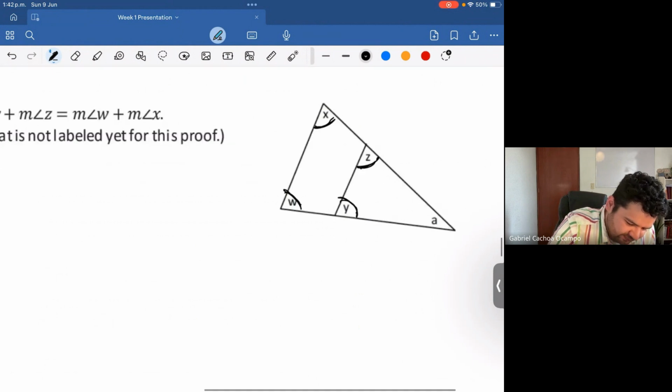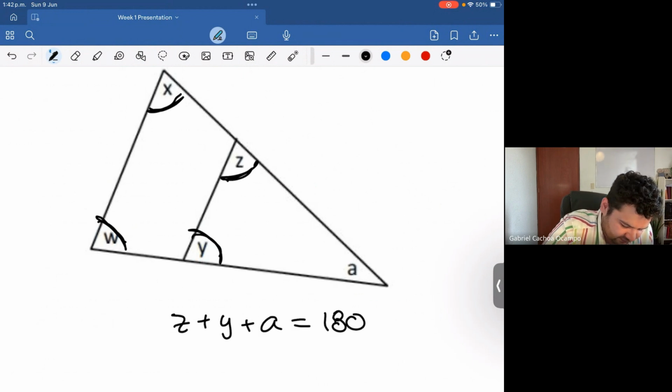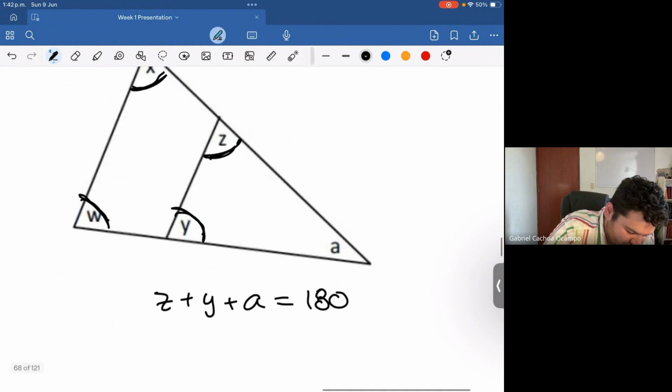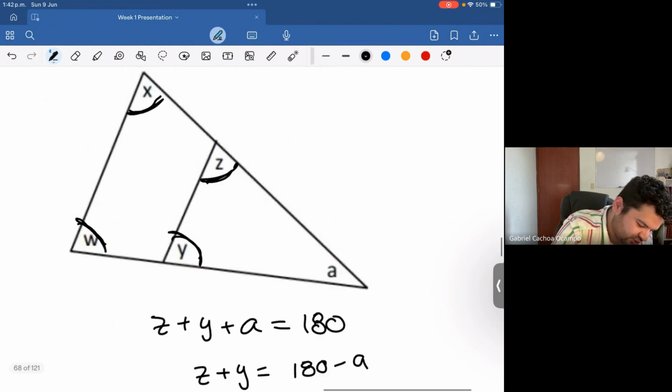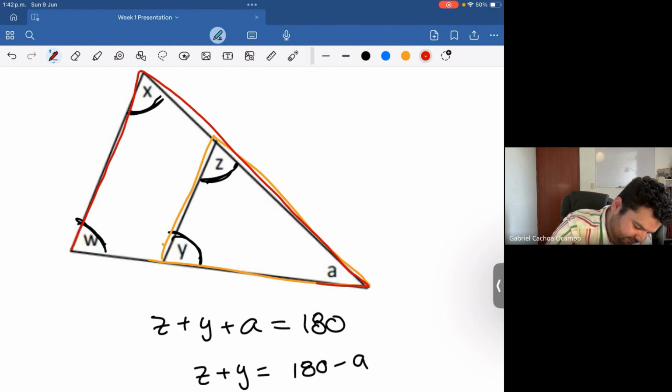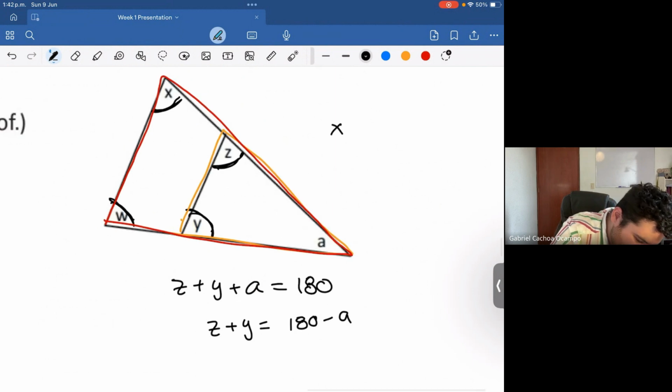So you know that I'm just going to write C, Y, A without the measurements. C plus Y plus A equals 180. So from here we know that C plus Y equals 180 minus A, because you're looking at this triangle. And then if you look at this triangle, you will see that X plus W plus A equals 180.